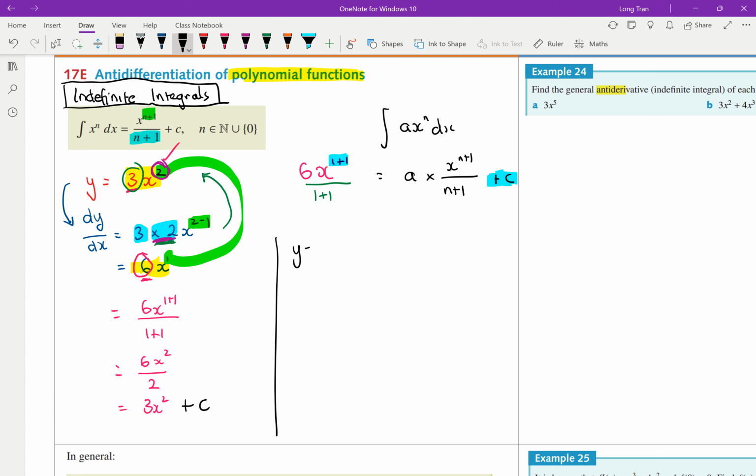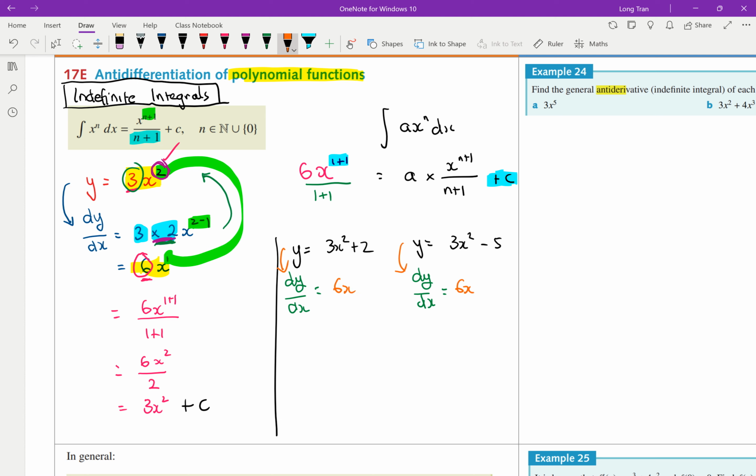If I gave you a couple more examples, 3x squared plus 2, 3x squared minus 5. If I asked you to find the derivative for each one right now, dy/dx, what does it equal in each and every one of them? 6x. See, the derivative of 2 is 0, and the derivative of 3x squared is still 6x, and this is still 6x.